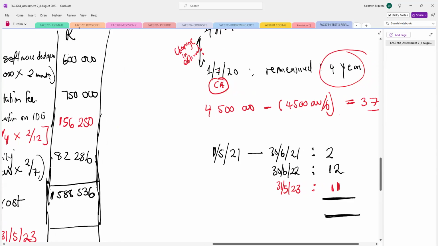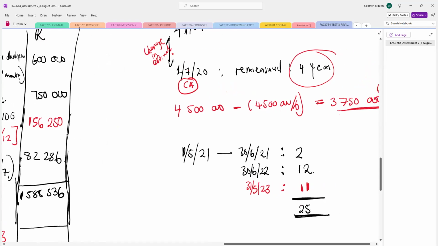So 2 plus 12 plus 11, in total 25 months. Right, so it took 25 months since 1 May 2021 up until 31st May 2023.